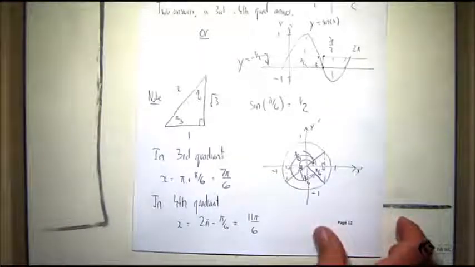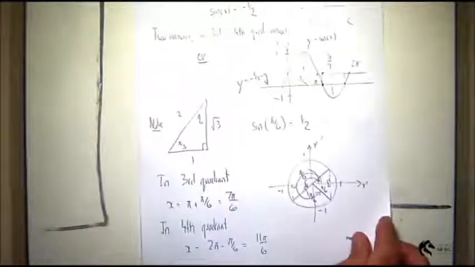Let's do one more of those, and it's the one we started with. So let's now try and solve sine 2x is equal to cos x. And we'll only go between 0 and pi. Okay.